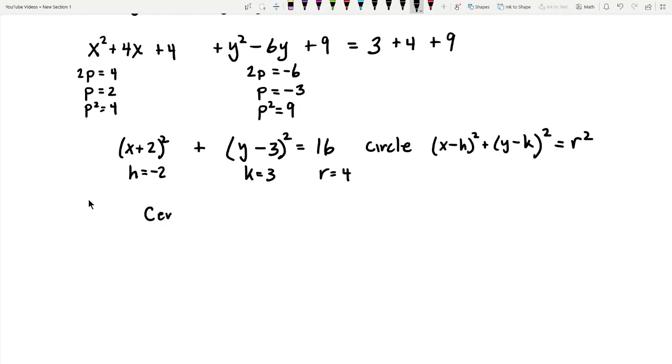So the center of my circle is -2, 3, and the radius is 4. All right, so there's a nice method for completing the square. Again, it's very visual, and a couple of applications for completing the square.